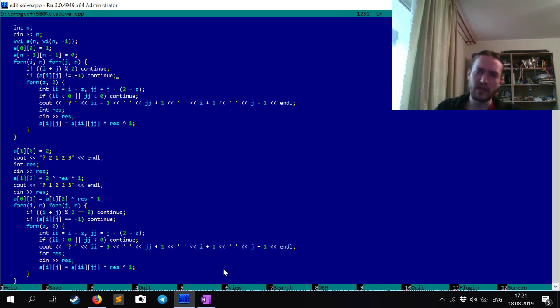So we've asked about every cell. So how many queries did we make? It's like n squared minus 3. So, okay. So now we have to determine which one of the cases.